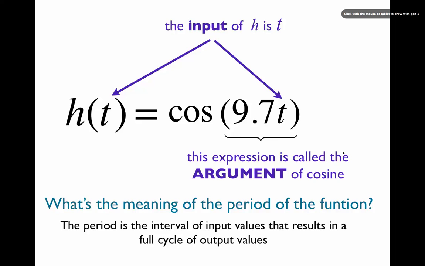The way we figure that out is we say the argument has to reach 2 pi. If the argument reaches 2 pi, we know that's the period of cosine. We need the t that makes the argument reach 2 pi. That will give us a full cycle.